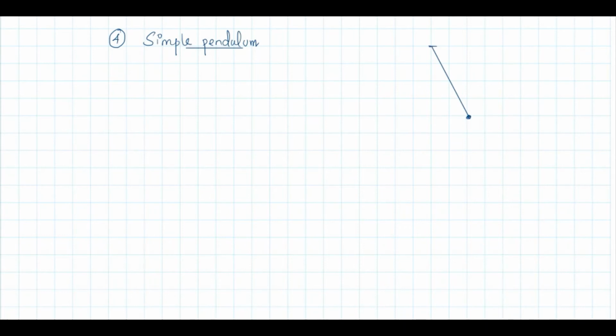Okay, a bob which is attached to a string. The other end of the string is fixed at some point, that is known as the point of suspension. The length of the string is, say, L, and the mass is M. Okay, this is the case with a simple pendulum.